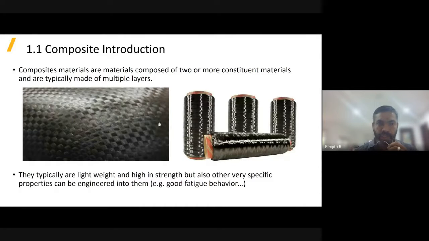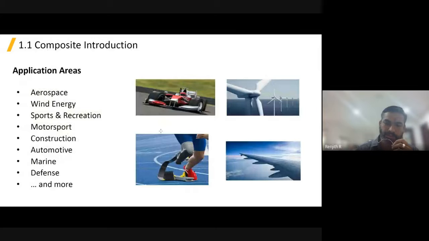The figure shows a carbon fiber layer from which we can make a carbon fiber composite. When we talk about its application areas, it is adopted in wide areas. For example, in aerospace, the wings of aeroplanes are manufactured with composite materials. Sports cars and sports equipment like badminton rackets are manufactured with the help of composite materials.